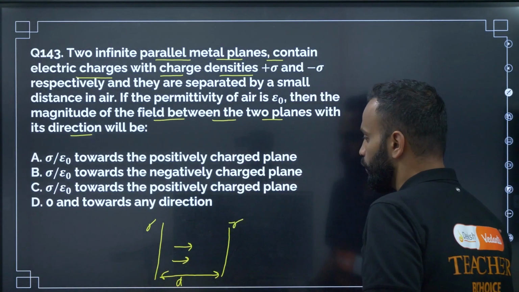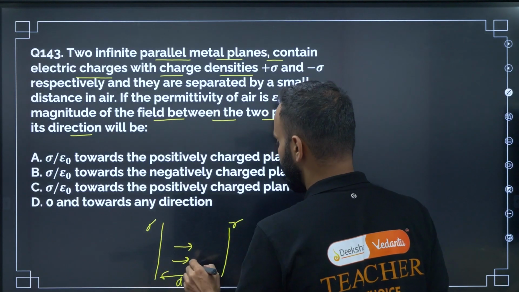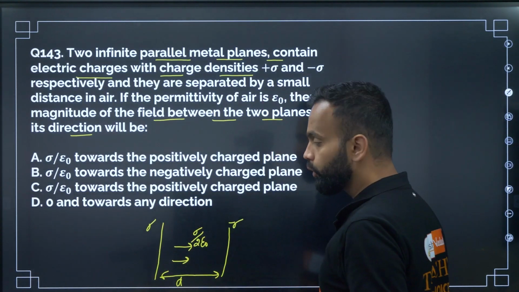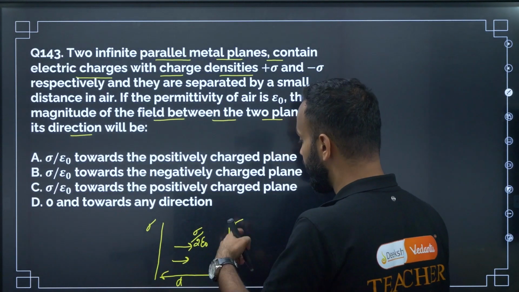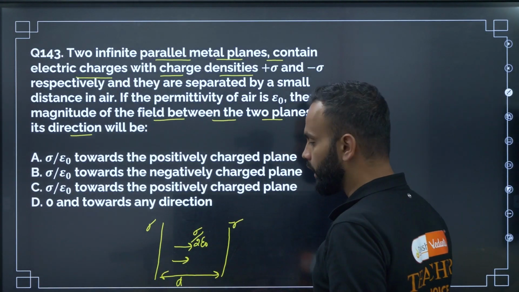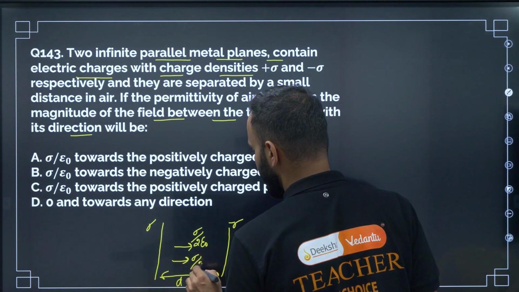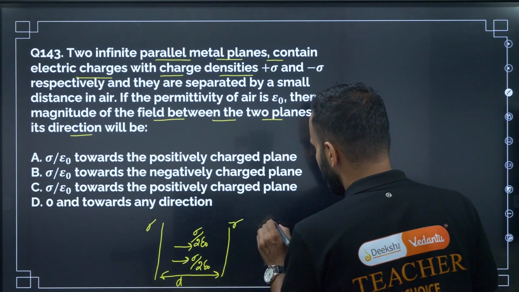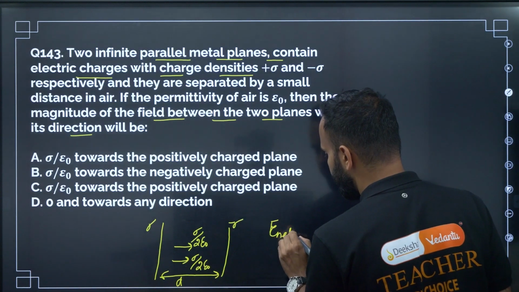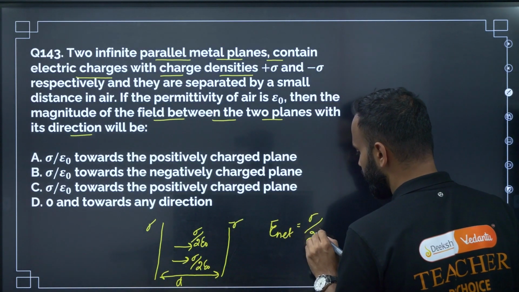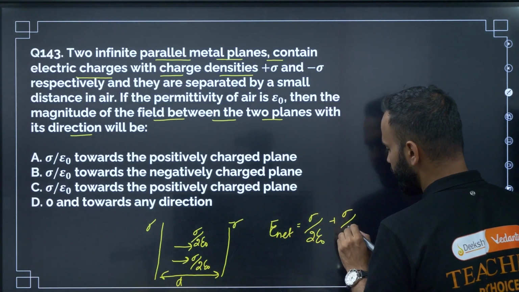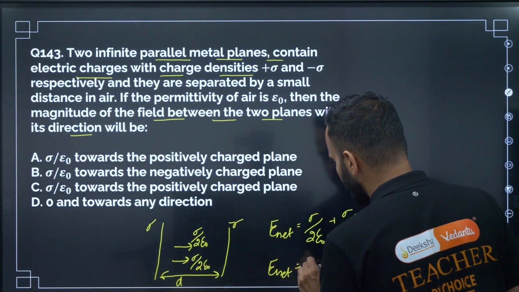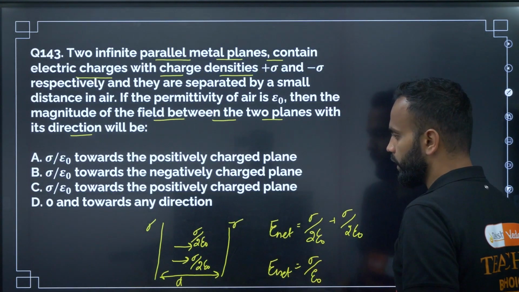The magnitude of the electric field due to the positively charged plate is sigma divided by 2 epsilon naught, and due to the negatively charged plate it is also sigma divided by 2 epsilon naught. Both are in the same direction, so the net electric field is sigma divided by 2 epsilon naught plus sigma divided by 2 epsilon naught, which is sigma divided by epsilon naught.